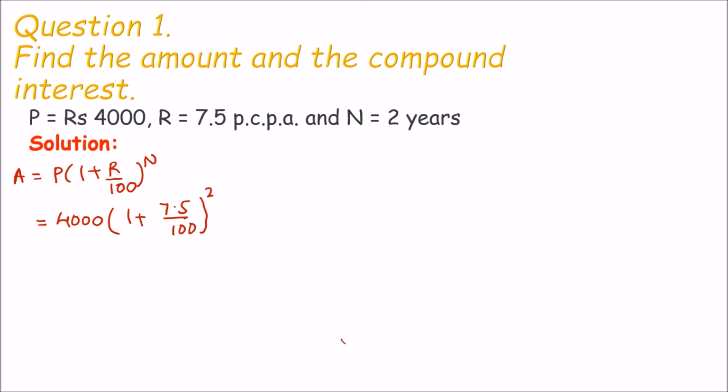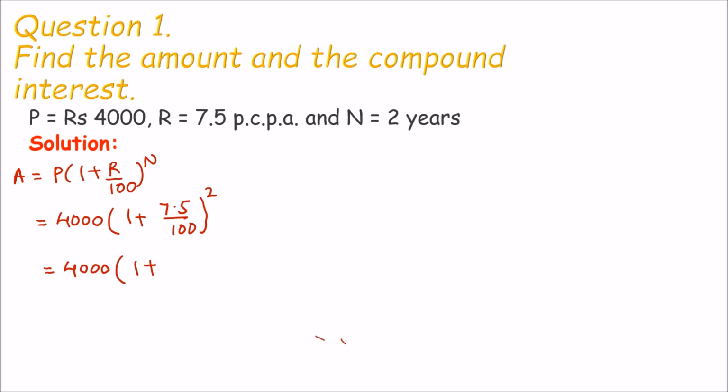N is given 2. Now you can see that one of the numbers contains a decimal, that is 7.5. So we will remove the decimal first. Let's see how to remove the decimal. Here we will get 4,000, 1 plus. Now we will multiply 7.5 by 10 to remove the decimal. Why by 10?